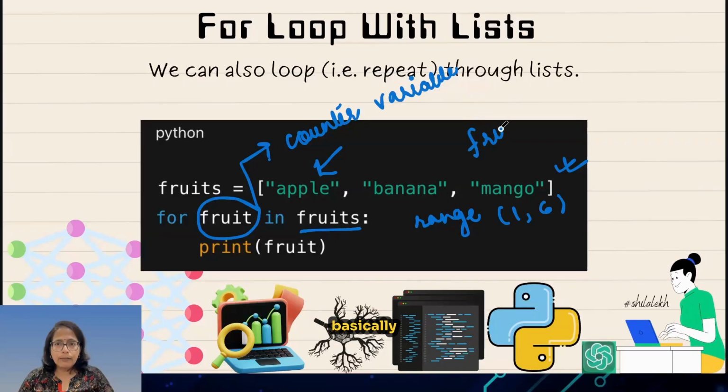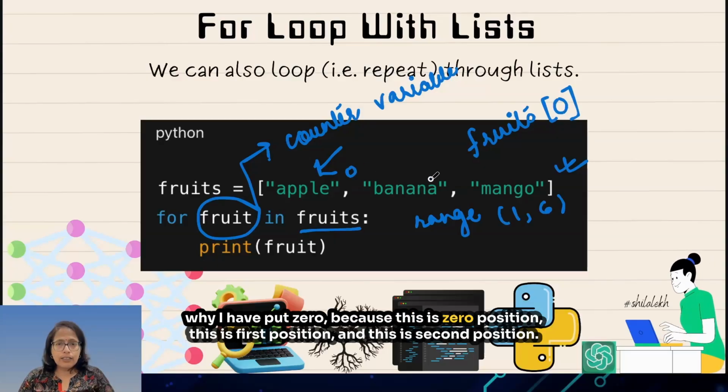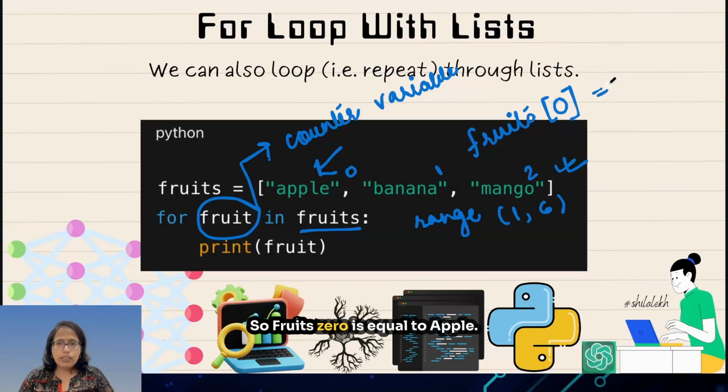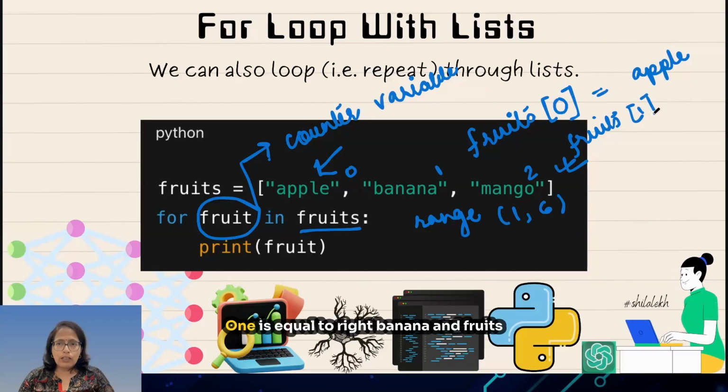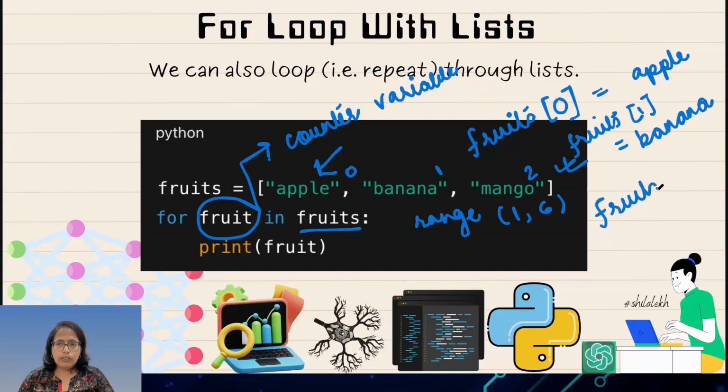So basically, why I have put 0? Because this is 0th position, this is first position, and this is second position. So fruits 0 is equal to apple, fruits 1 is equal to banana, right, and fruits 2 is nothing but mango.